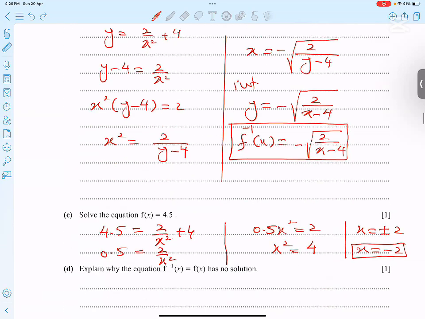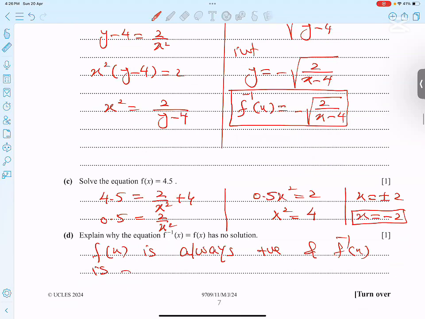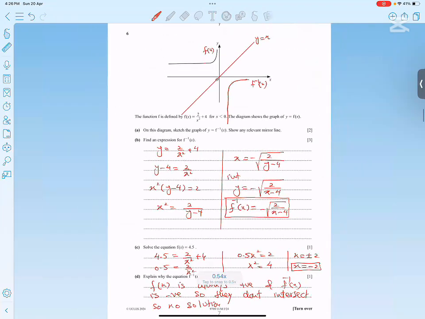You can write one statement: because they can't intersect, f of x is always positive and f inverse of x is negative. They don't intersect, so no solution. The concept is very clear, and the question is over.